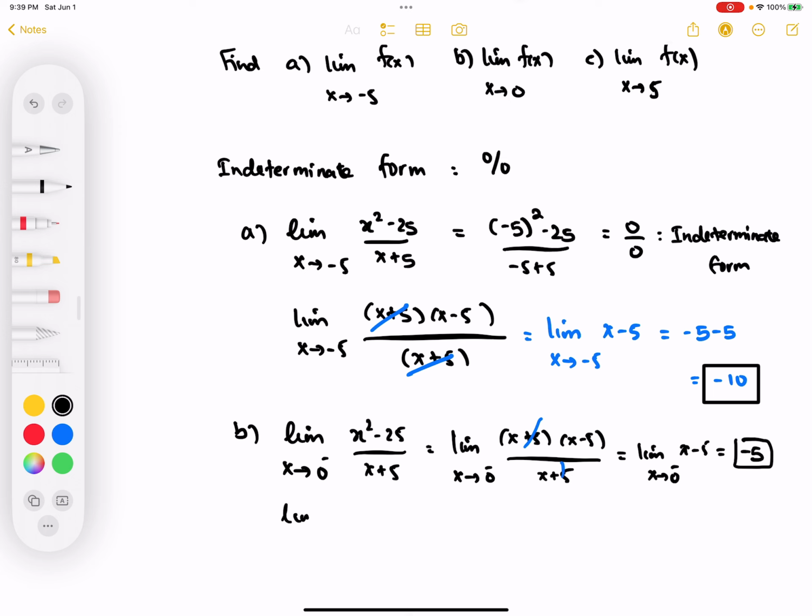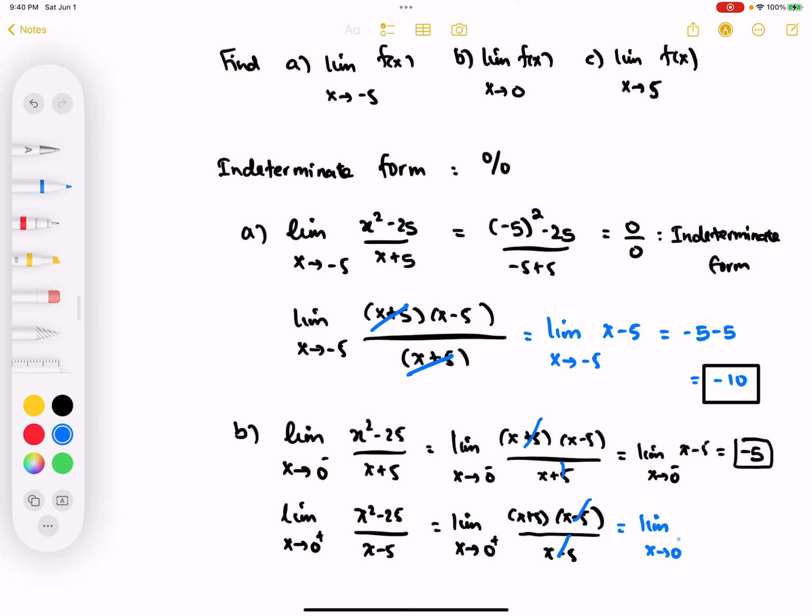And limit of x approaches 0 from the right side, you have to take the second piece, that is x squared minus 25, and the bottom one is x minus 5. This implies limit of x approaches 0 from the right side, x plus 5, x minus 5 divided by x minus 5. Now look at these terms cancel out, and this is limit of x approaches 0 from the right side of x plus 5, which is 0 plus 5, which is 5.